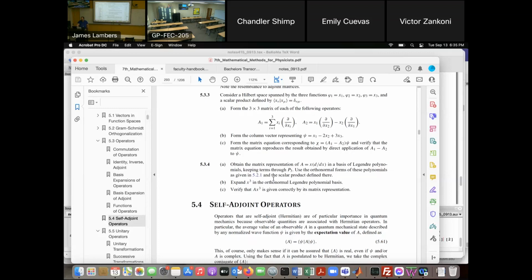And you want to confirm that if you take this vector of coefficients and multiply by the matrix A, you'll get this vector of coefficients. So it confirms that the operator's matrix works.